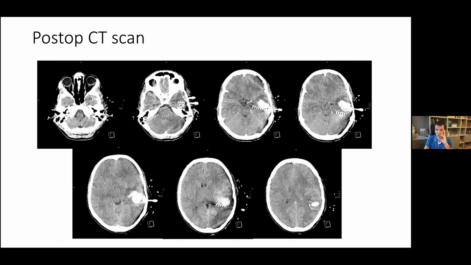From the sulcal anatomy, we didn't think it was a dangerous entry zone. We know that we are using the navigation-based implantation method. We know that we were using surface registration.